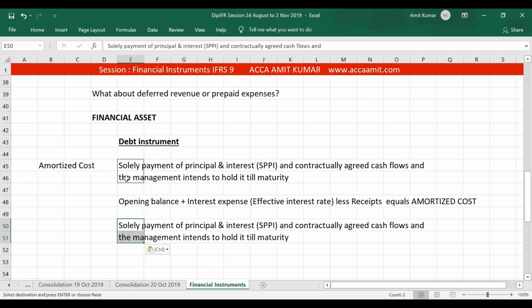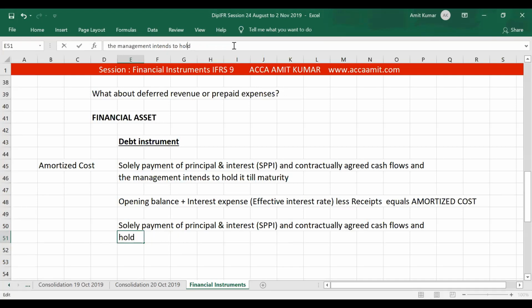But now instead of the management intending to hold it till maturity, management may sell it if required, to meet their working capital requirements or any cash flow requirement. For the investments done with the intention of holding till maturity, they will not touch them.